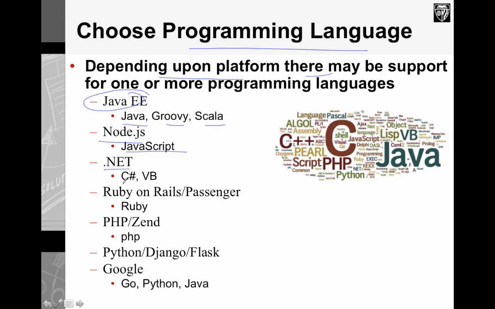If it's .NET, they may support C# and VB. If it's Ruby on Rails, they may support Ruby. If it's PHP, they may support PHP. For Python, it may be the Python language itself. For Google-based, it may be Go, Python, or Java. So it actually depends upon the application server platform, but even within a platform, you may have a choice of language.